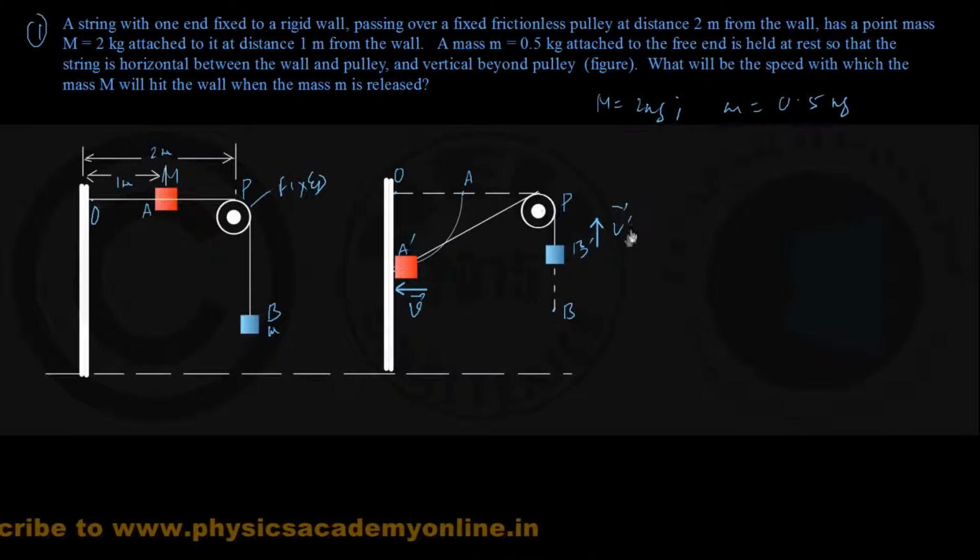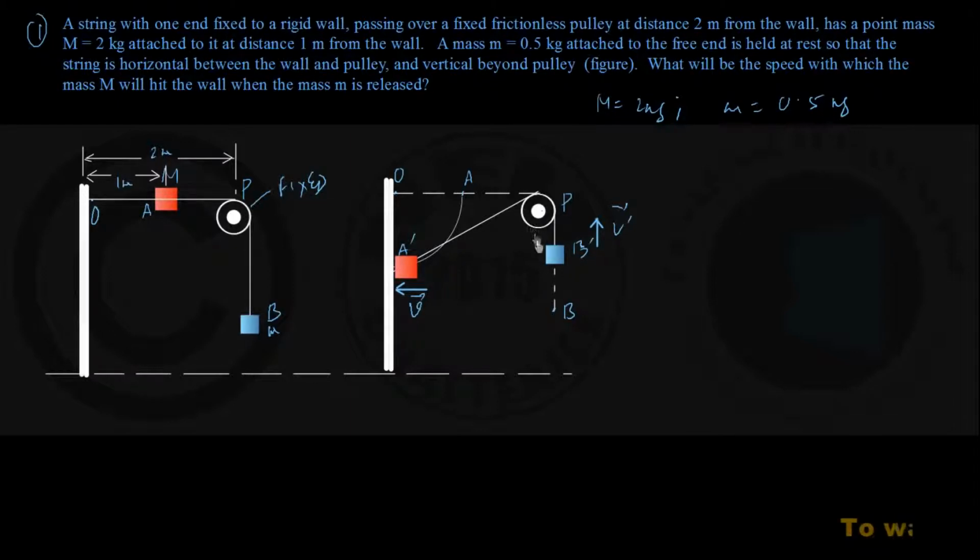You have to understand one thing at this point, that although V and V dash are different velocities because of different directions, since the string is taken to be inextensible, the constrained motion of the two blocks implies that the linear speed of both the blocks, capital M and small m, have to be the same. That's very important.